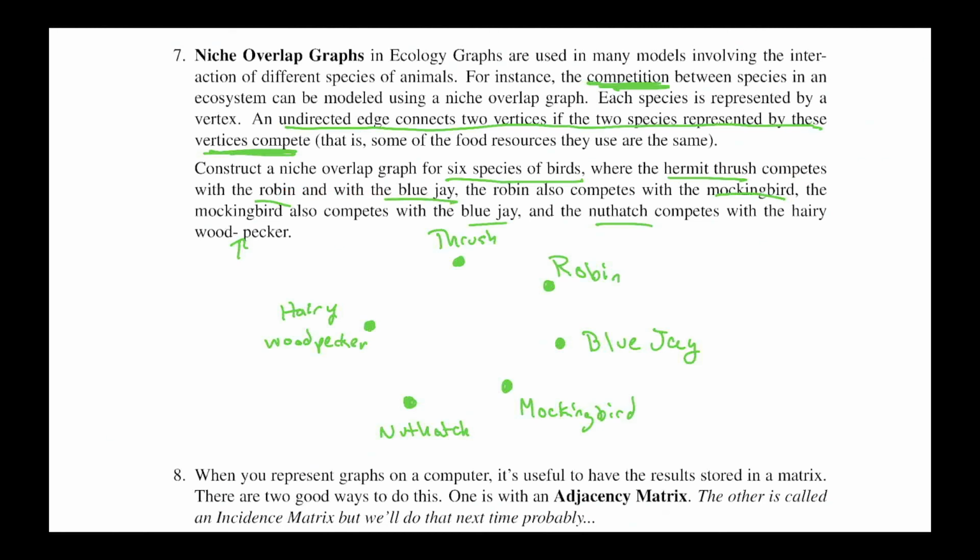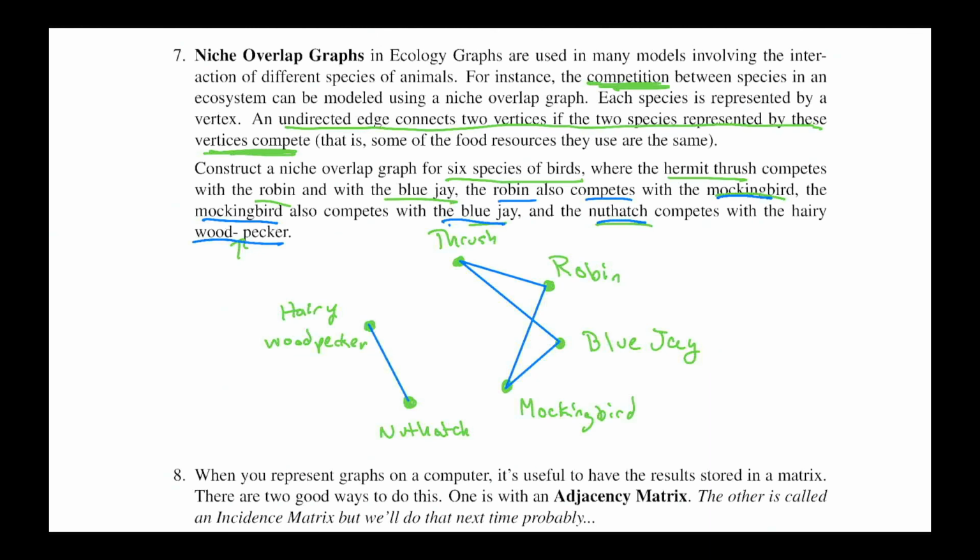So thrush, robin, and the blue jay. Then next we have robin competes with mockingbird. Robin, mockingbird. Mockingbird and blue jay. Nuthatch, woodpecker.